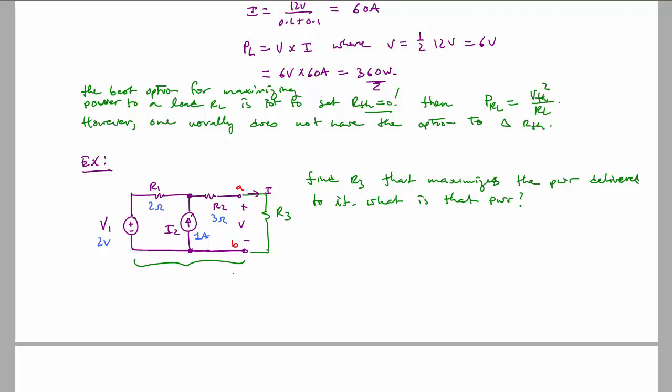All we have to do is look at the rest of the network that connects to R3, and replace all of that network with a Thevenin equivalent circuit. And if we find what that Thevenin resistance is, then that is the resistance of R3 that will maximize the power delivered to R3. And if we find V Thevenin, then we can easily find the maximum power that's delivered to our load.